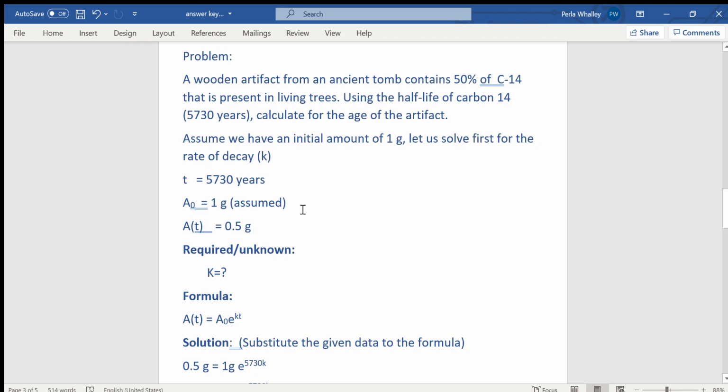Now, from the problem, there is no initial amount. So we assume that the initial amount is 1 gram. So we will now start. And we will use, of course, the t that is 5,730 years, the half-life of carbon-14.